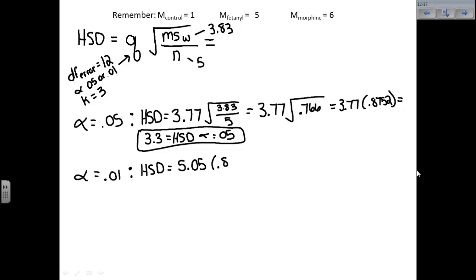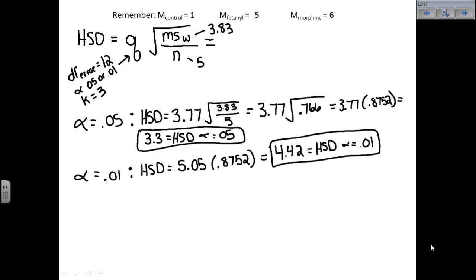So we just found that. So you do that math and you end up with 4.420. So 4.42, that is the minimum mean difference between two means necessary to conclude that there's a significant difference with an alpha level of 0.01.